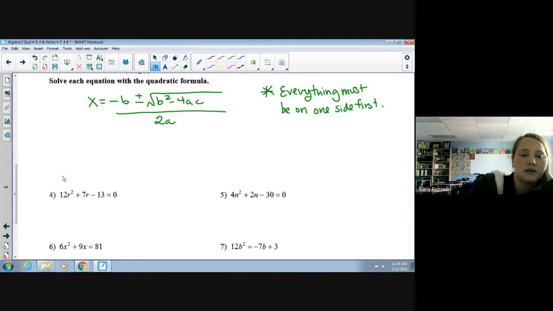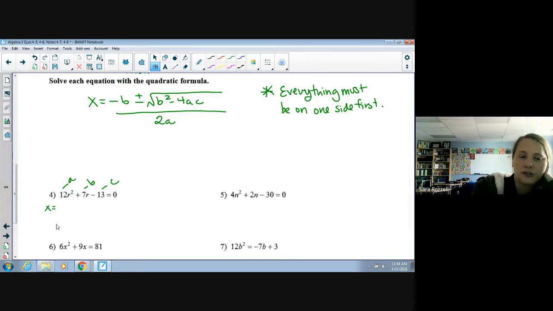Which one is the B? The 7. Which one is the C? The negative 13. Okay, so when we're plugging it in the formula, if it says B, that was 7. If it says C, that was negative 13. A is 12.